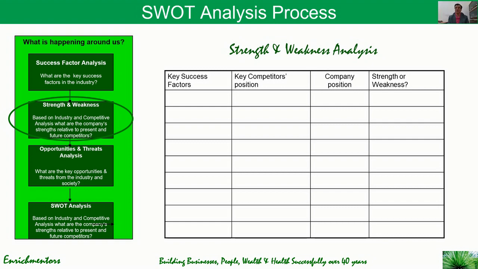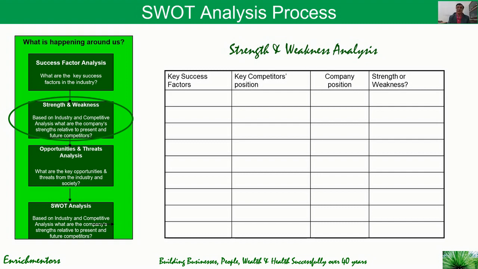Who are my competitors, from whom am I going to go and get business? Then I ask, what is that company's position on that success factor, and where is my position? Am I better than my competitor, or worse off? If I'm better than the competitor on that success factor, I have a strength in that success factor.